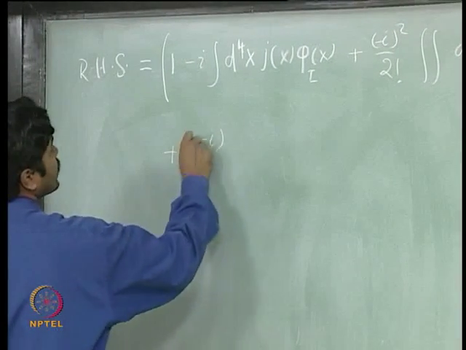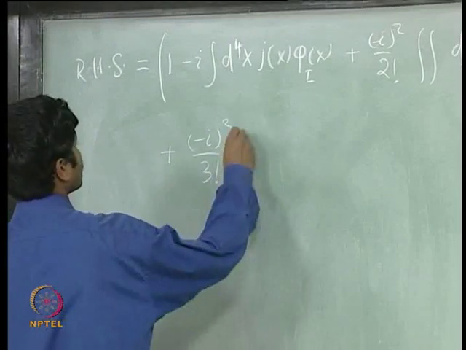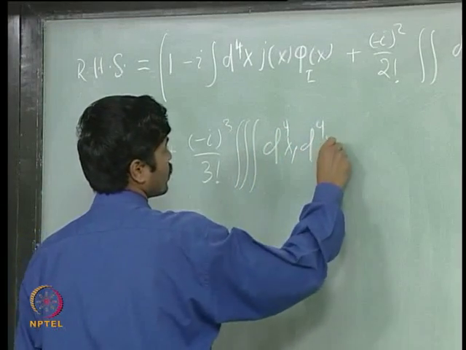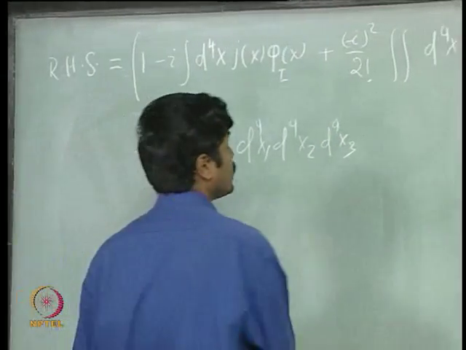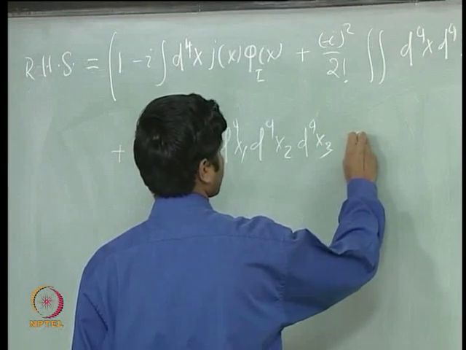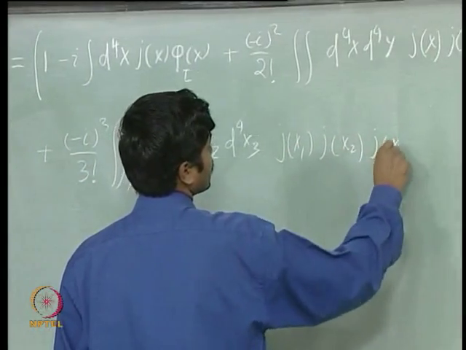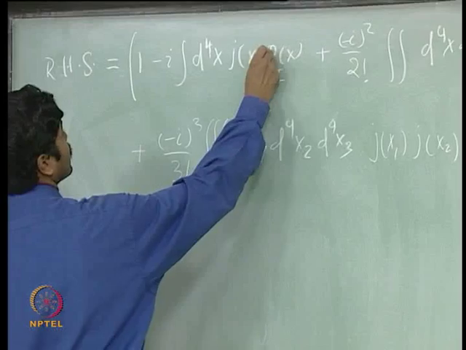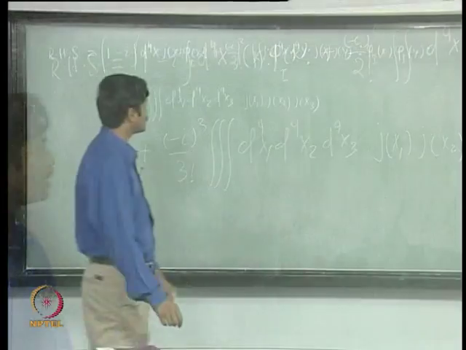plus minus i cube over 3 factorial d4x1 d4x2 d4x3, and then J x1 J x2 J x3. Actually, here also there is a normal ordering involved in the first term, which will be important for us.